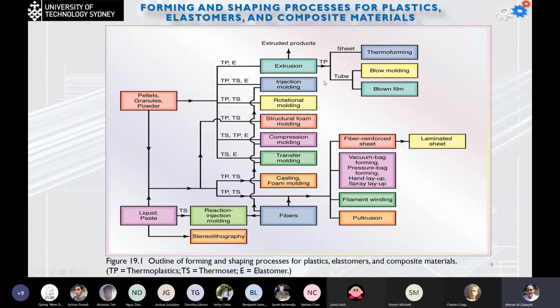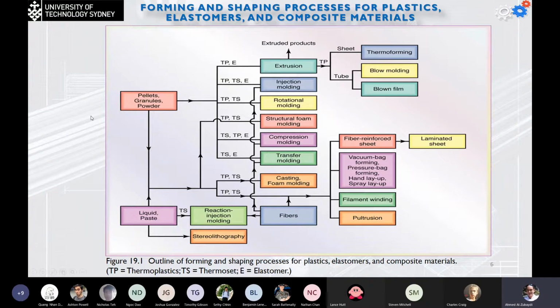So you can see that we have different manufacturing processes we're going to go through in this lecture, like the extrusion, the injection molding, the rotational molding, the structural foam, the compression molding, the transfer molding, the casting, foam molding, and we're going to talk about all these processes in the next slides.